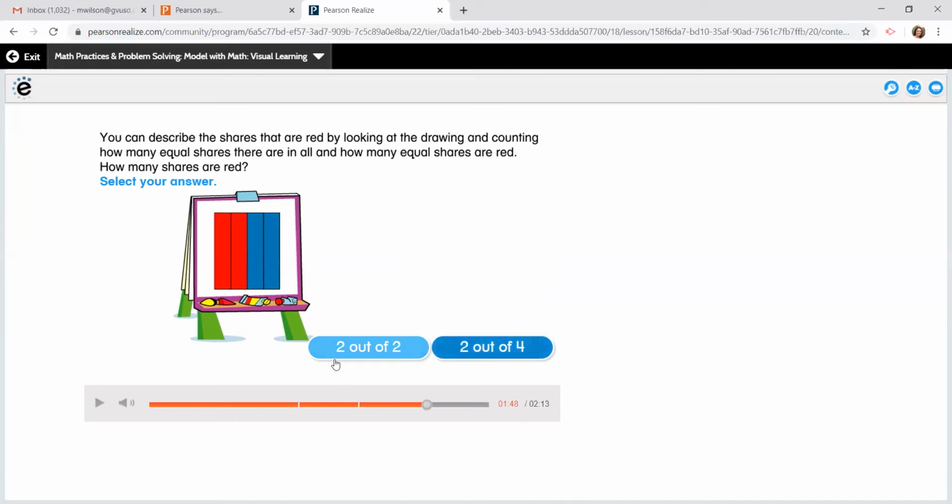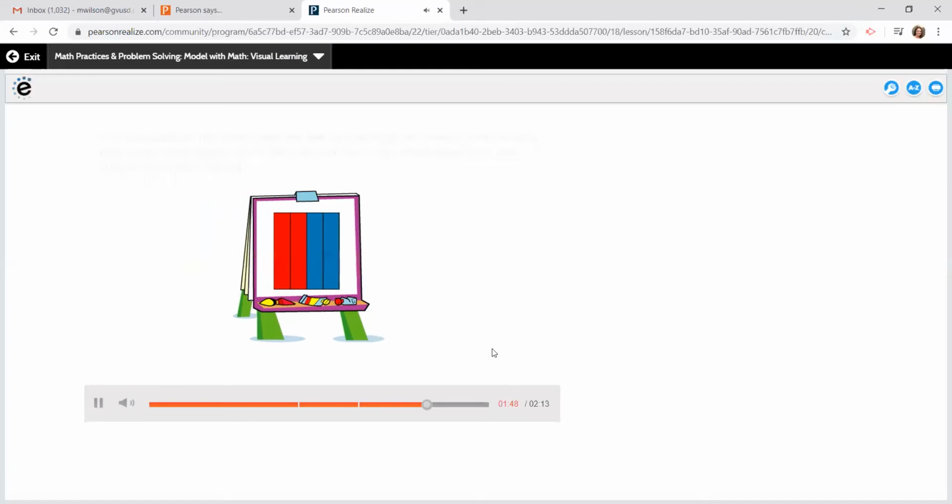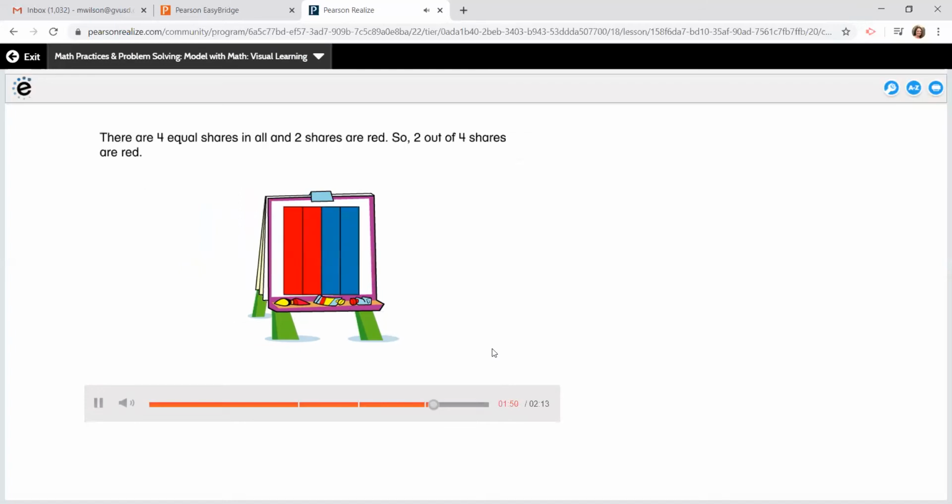The first one says 2 out of 2 or 2 out of 4. Good. We want to choose 2 out of 4 because there are 4 total. There are 4 equal shares in all, and 2 shares are red. So 2 out of 4 shares are red.